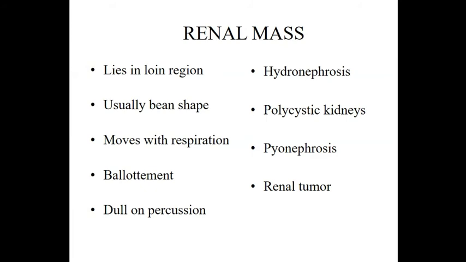Another point, the presence of the splenic notch. Yes, and the spleen enlarges in an oblique direction towards the umbilicus. And also ballotment is present in the renal mass, but not in the spleen.